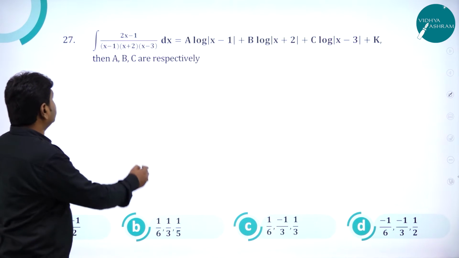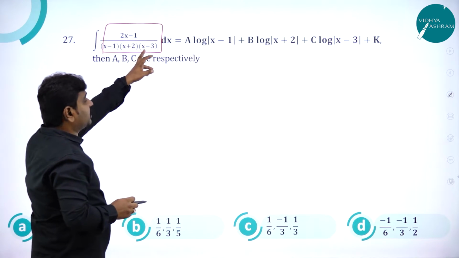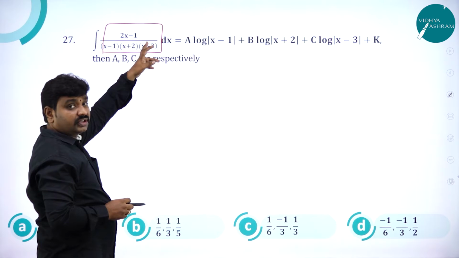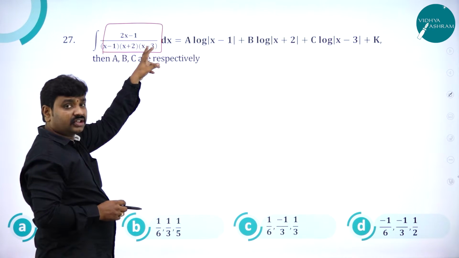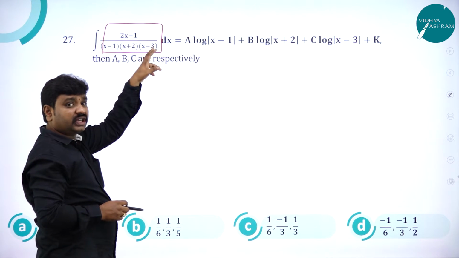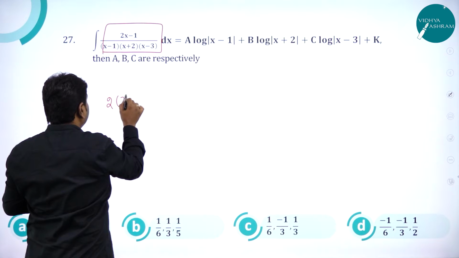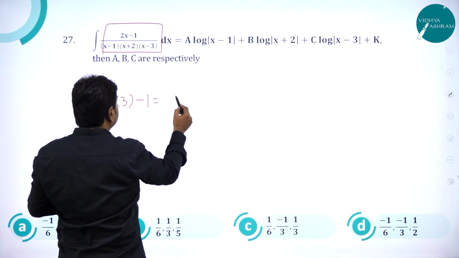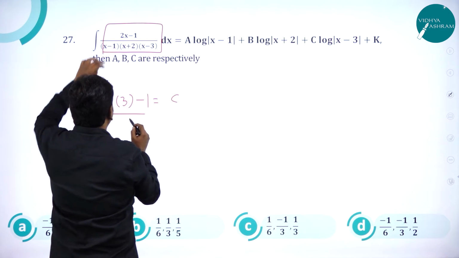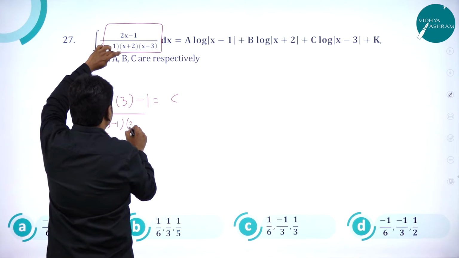How to find C means take this fraction, take only this part. So the third factor resembles C. So A by first, B by second, C by third. The third factor is x minus 3. So put x is equal to 3 in the numerator. 2 into 3 minus 1 is equal to C, divided by, putting 3, 3 minus 1 into 3 plus 2.